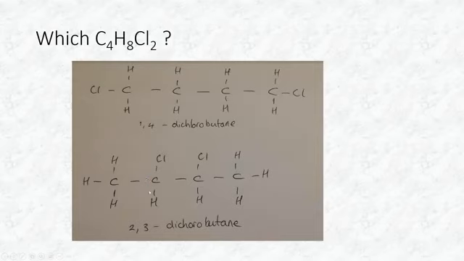So both of these molecules fit nearly every piece of data that we've looked at. They've both got two types of carbon. So this one has these two carbons here that are identical. So that would be one environment. And these two carbons here are also identical to each other.